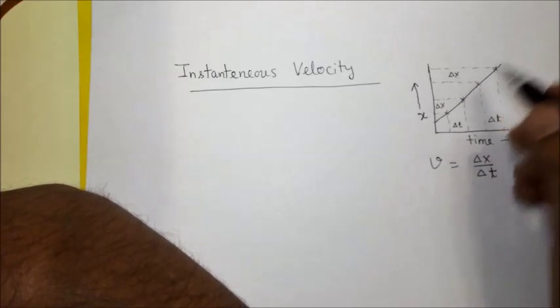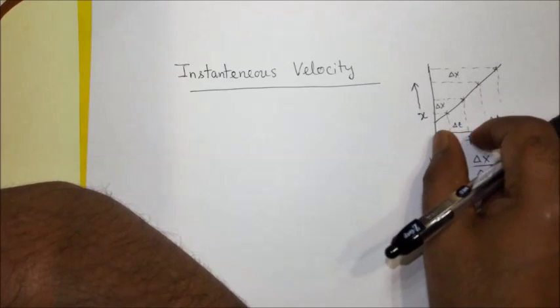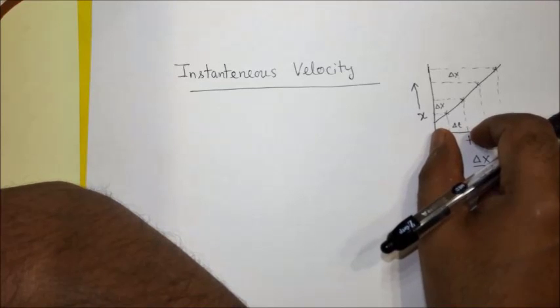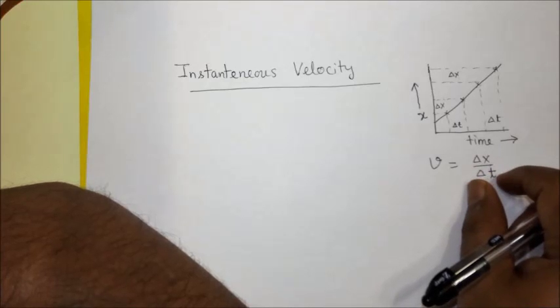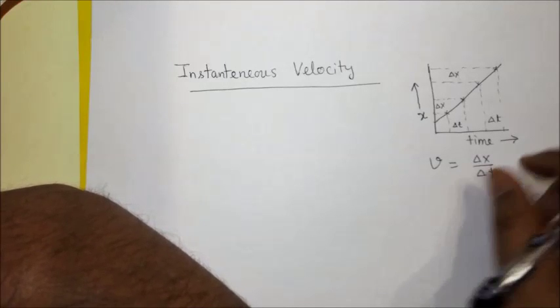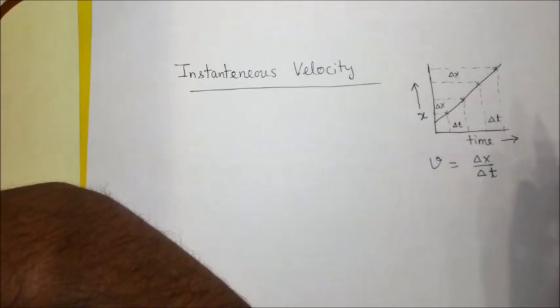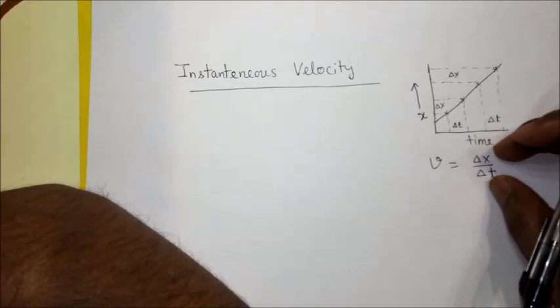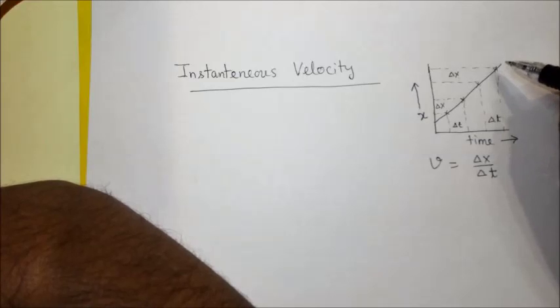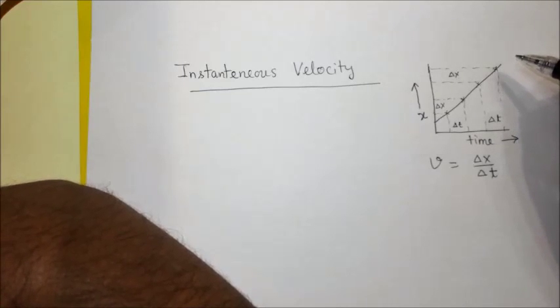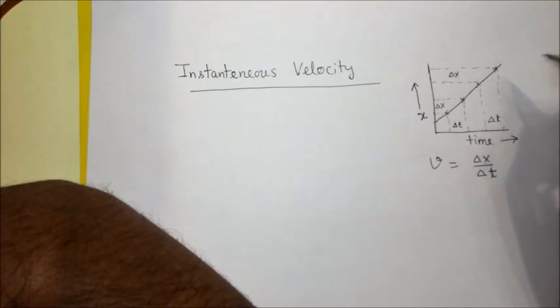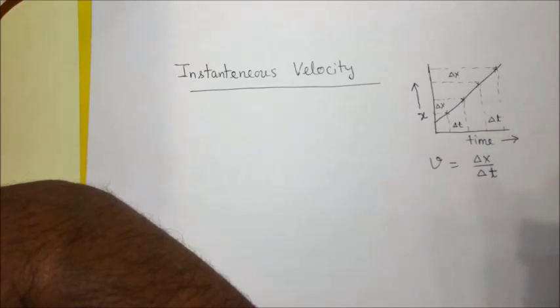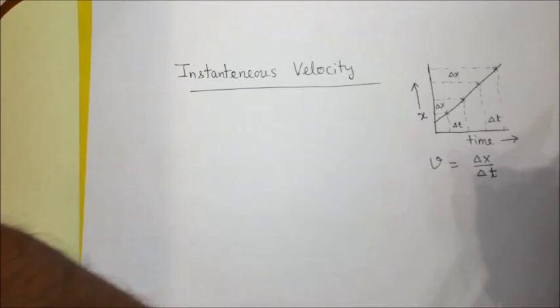So no matter where you choose the point, if you keep same time interval, you will have same delta x, and the ratio will be same. If it is a straight line, you can say the velocity is constant. It means velocity here, here, here, any place you take, the velocity will be same.